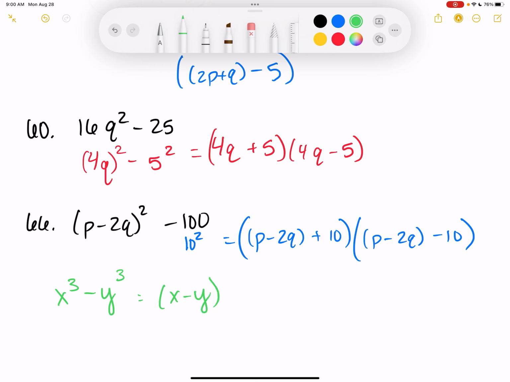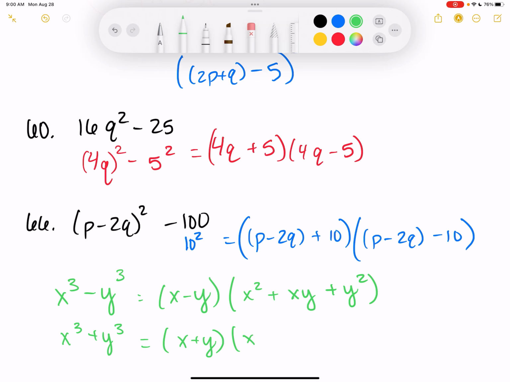So we copy down the terms themselves exactly. If this had been a plus, it would have been a plus, but this is x minus y. And then in parentheses, x squared plus xy plus y squared. And if it had been x cubed plus y cubed, this was x plus y.